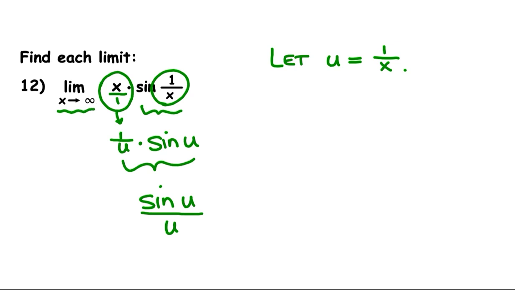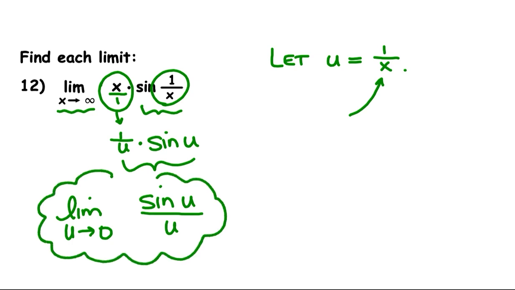But if x approaches infinity, look over here, u would approach 0, 1 over infinity. So really, we're taking the limit as u approaches 0. Now, I don't know if this looks familiar from earlier on in our calculus knowledge, but remember, when you're near 0, the sine of something over the same something is going to be equal to 1. And that is the answer to number 12.